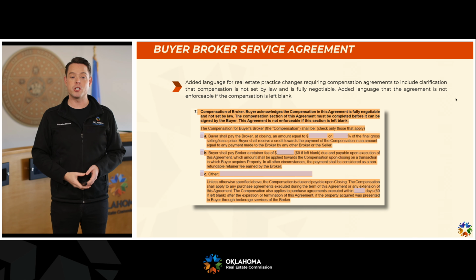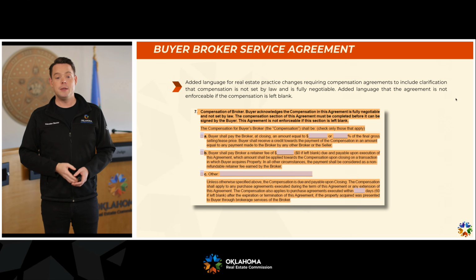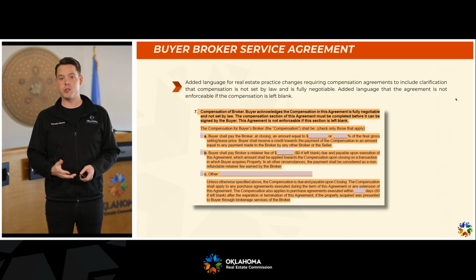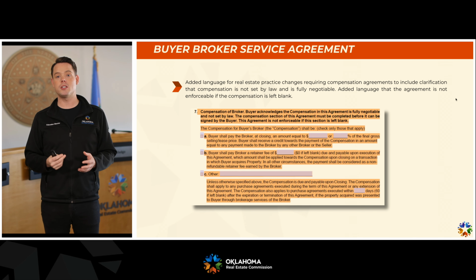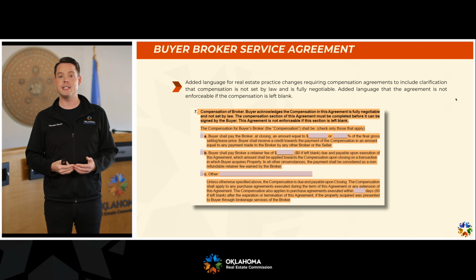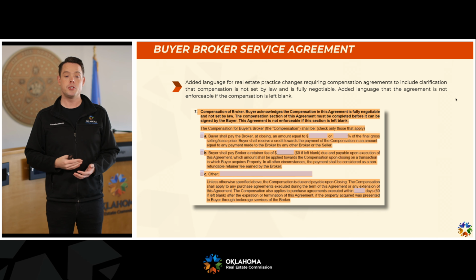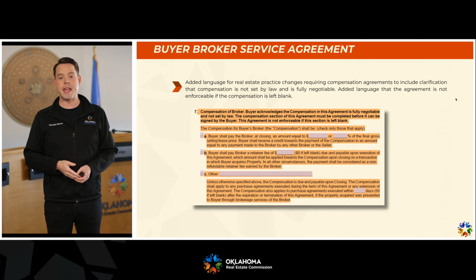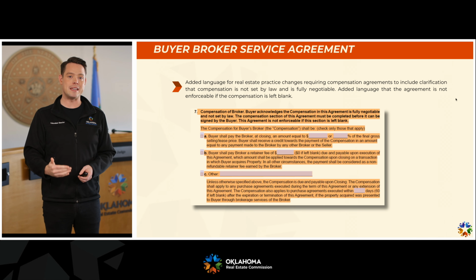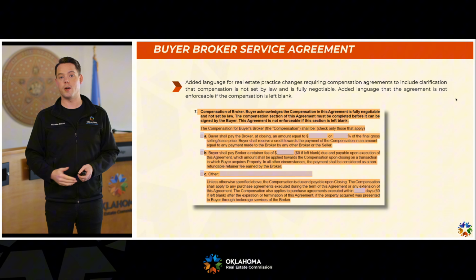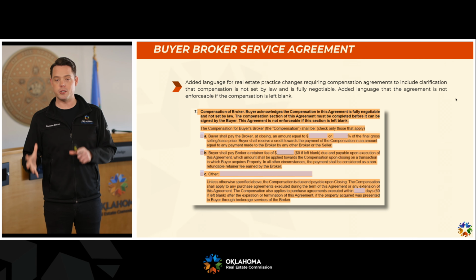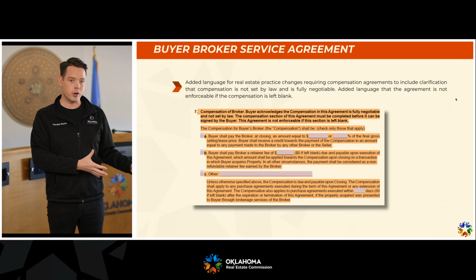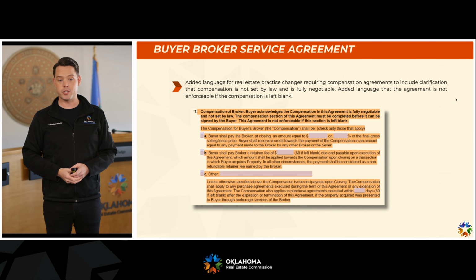Paragraph B is if you are charging a retainer fee. Now, one thing you'll want to know is that retainer fees are due and payable immediately, and they are non-refundable. So again, you'll want to make sure that your buyer understands that and know that any fees that you are collecting from a client, those are to be paid to your broker, not you personally.